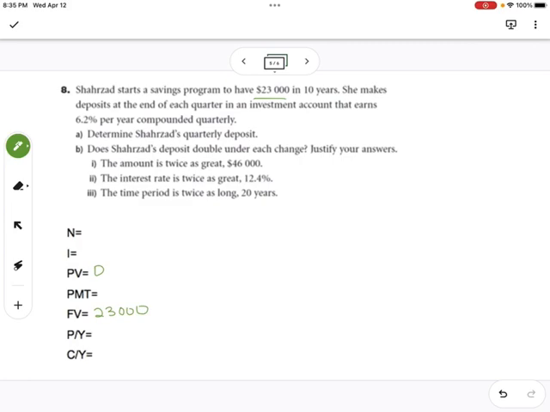Okay, this is 10 years, and quarterly means we are times-ing by 4. So 10 times 4 gives us our end value as 40. Our interest is just a percent, the 6.2. Our payment is what we're figuring out. And our payments and our compounding periods per year is 4 because it's quarterly.